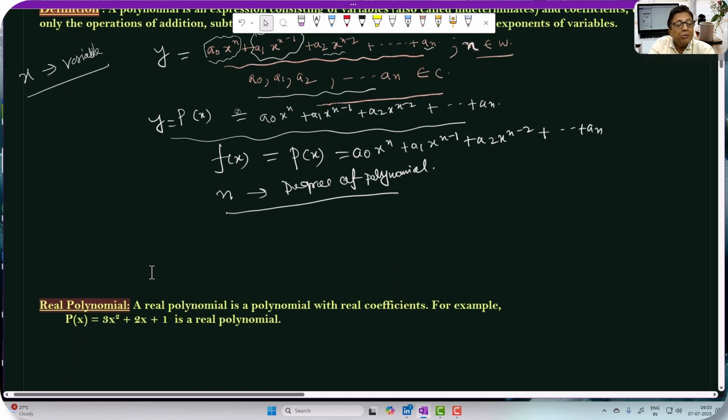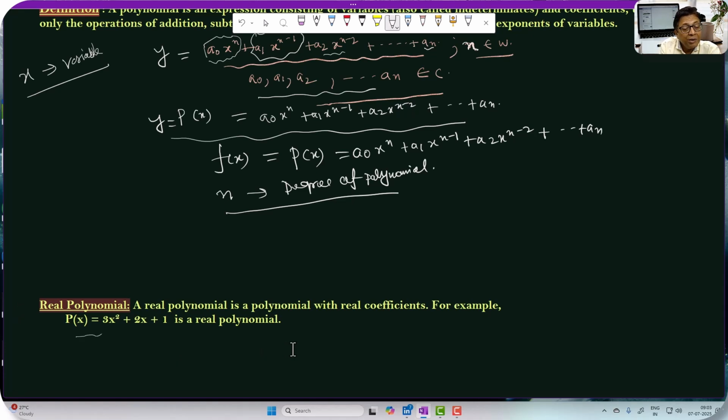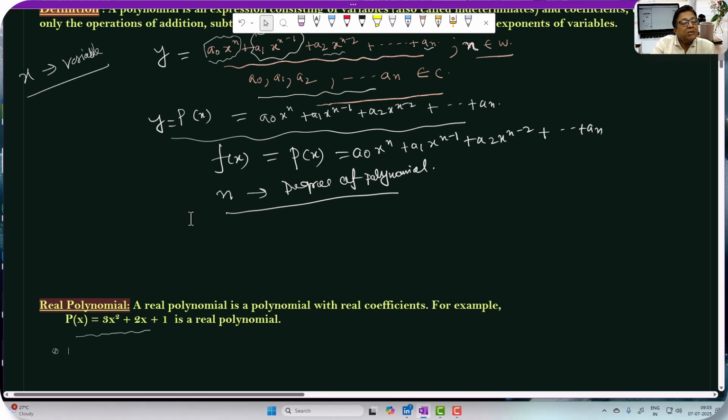And now we are going to see a real polynomial example. This is a polynomial with real coefficients, so this is going to be a real polynomial. 3, 2, 1, all these are real numbers. And in addition, you can say that 1 is the absolute term, because no x is involved over there.